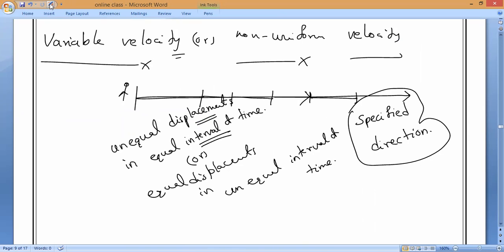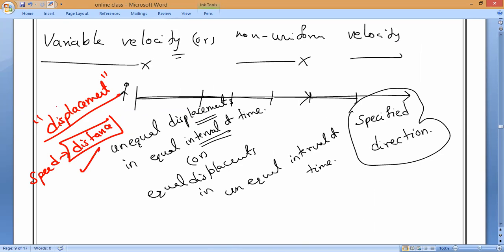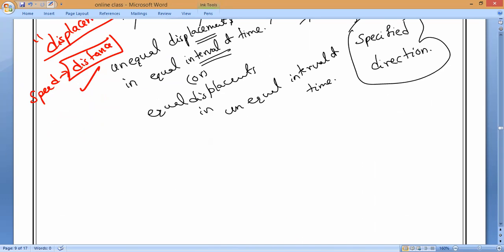For velocity, you have to use the word displacement, and for speed, you have to use the word distance. So velocity means displacement, speed means distance. That is what you have to remember. Any doubt, guys? Clear?